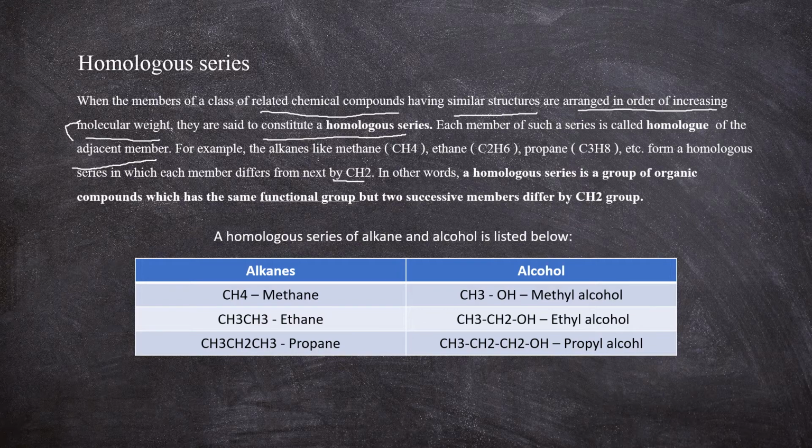In other words, a homologous series is a group of organic compounds which has the same functional group, but two successive members differ by a CH2 group. So here we have a homologous series of alkanes and alcohols listed below.